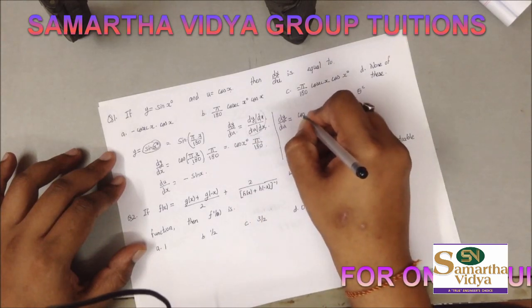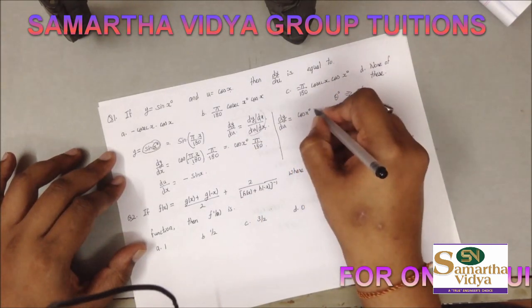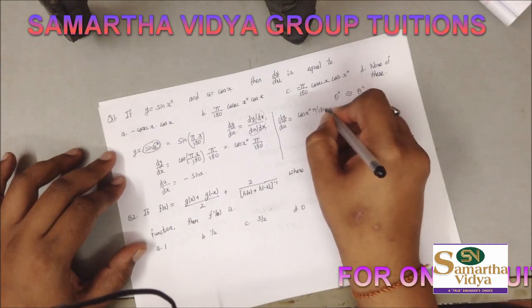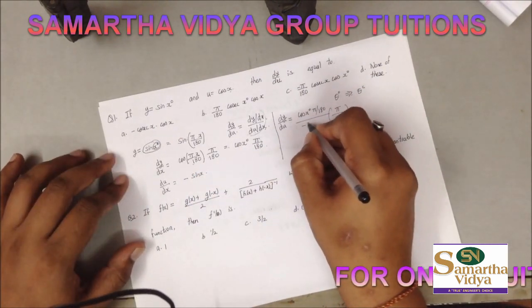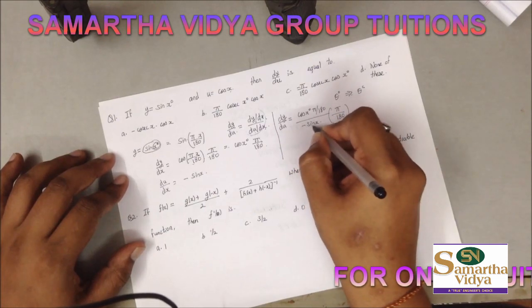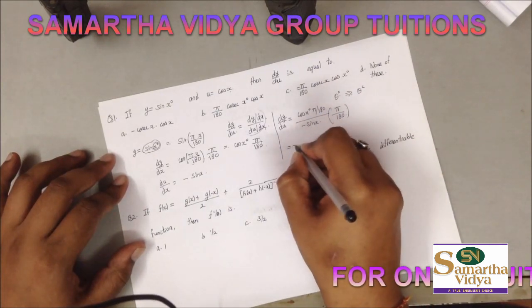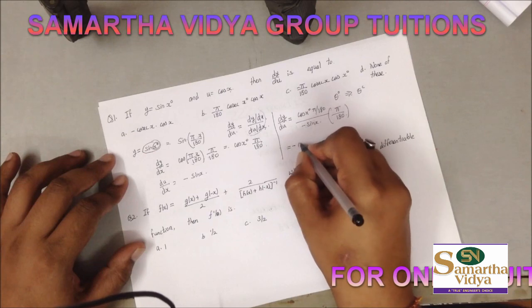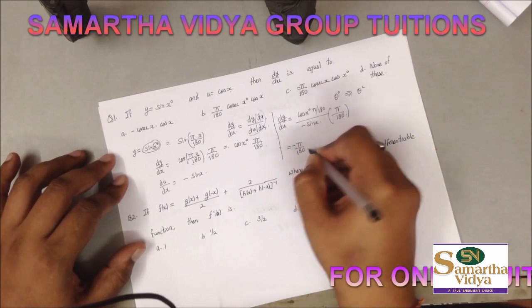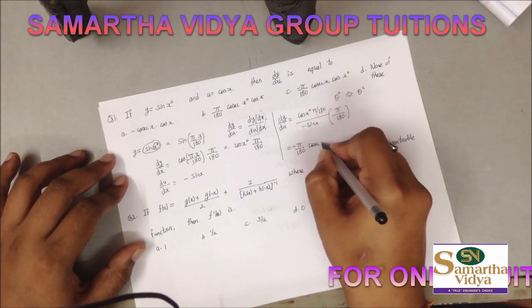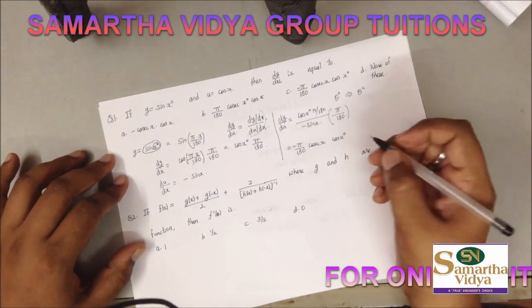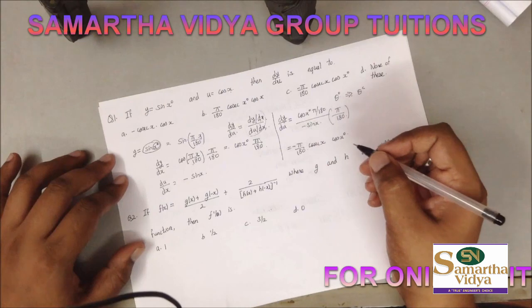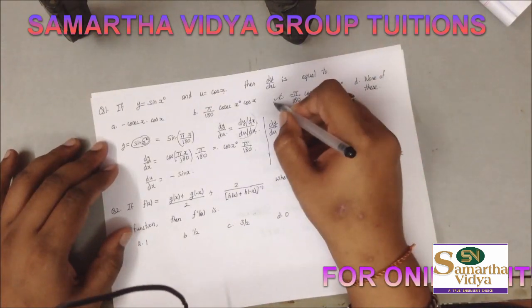So it becomes cos x° times pi by 180 divided by du by dx, which is minus sin x. The sin x goes up and we have the answer, which is minus pi by 180 cosec x cos x°. If we check the options, the answer is nothing but C.